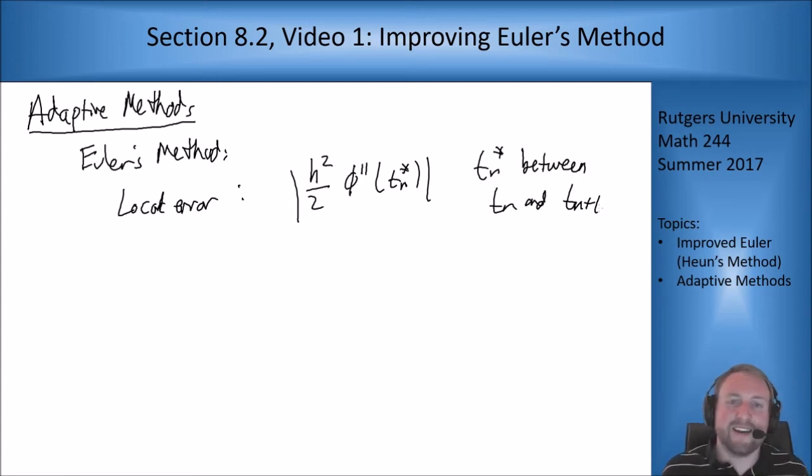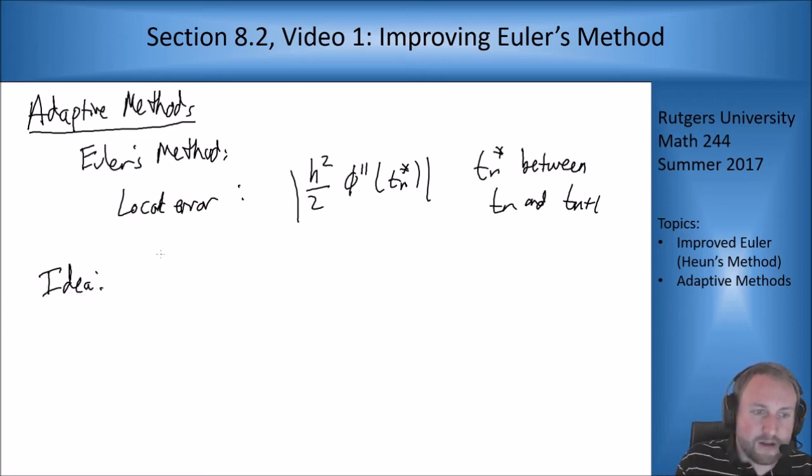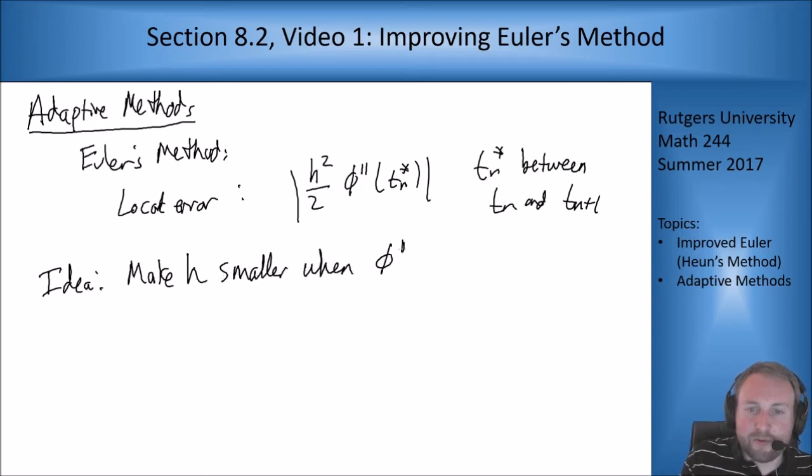Now, a way you could try to compensate for this is to change h based on what phi double prime looks like. So the idea of adaptive methods is to make h smaller when phi double prime is bigger.